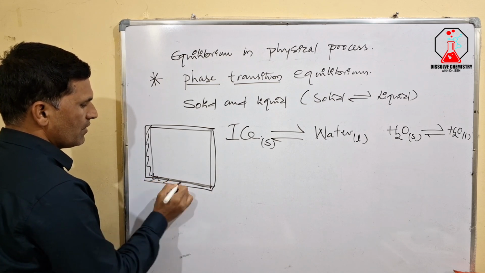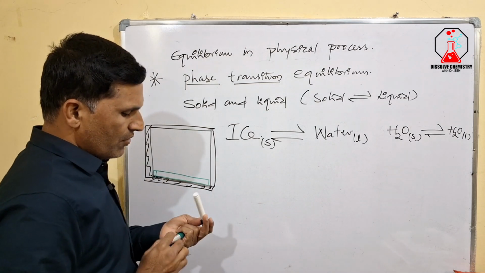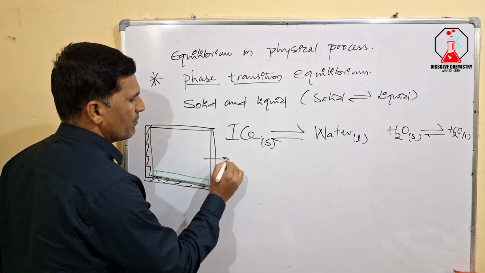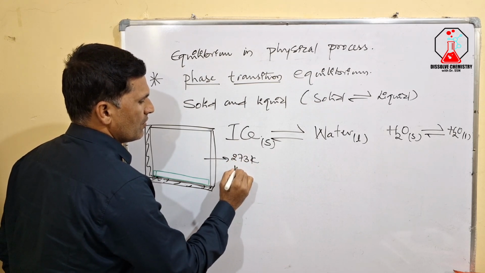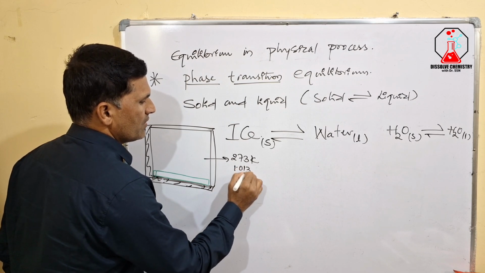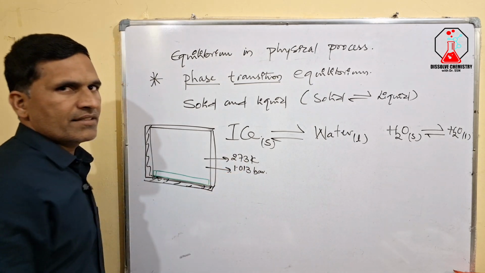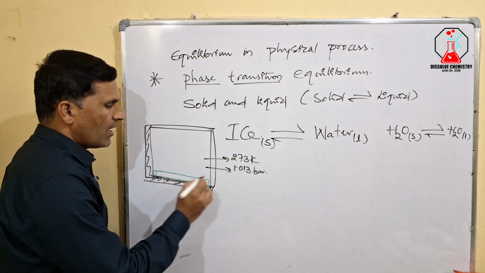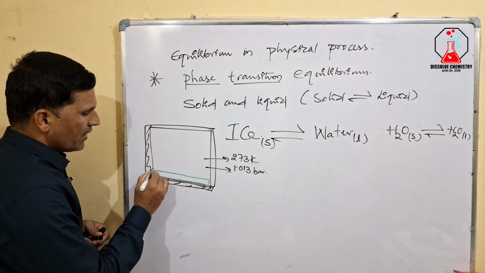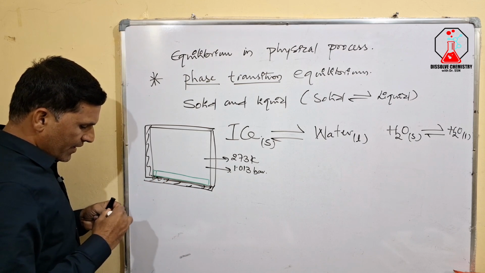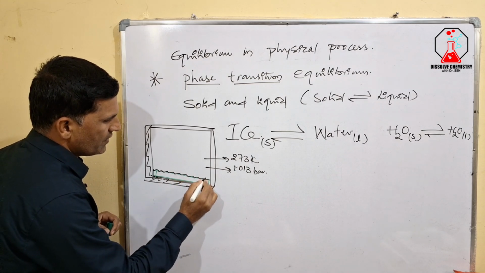In that you take a known weight of ice, and now you have to maintain the temperature 273 Kelvin and 1.013 bar pressure, and at this temperature and pressure your ice starts melting. So this ice will melt and you will be getting liquid water over the surface of this.